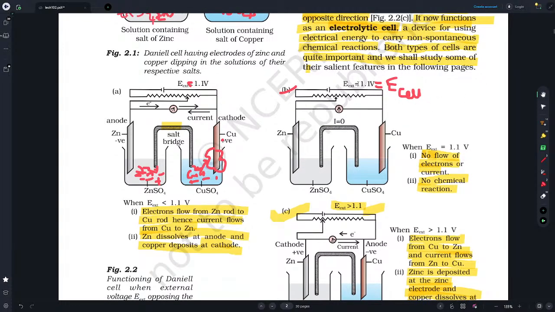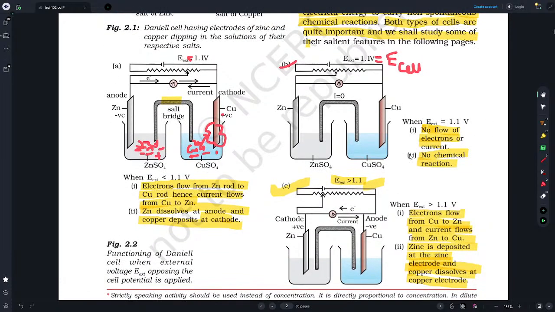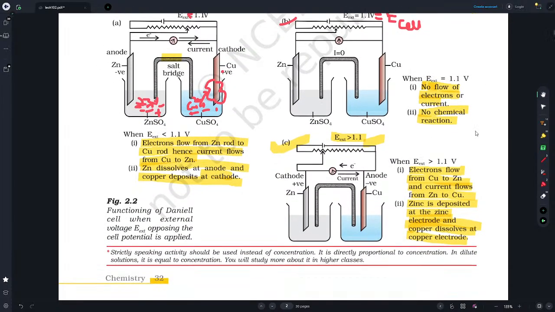When the external voltage is equal to 1.1, there is no flow of electrons or current. No chemical reaction will happen. When external voltage is more than 1.1, more than the cell potential, then electrons flow from copper to zinc and current flows from zinc to copper.